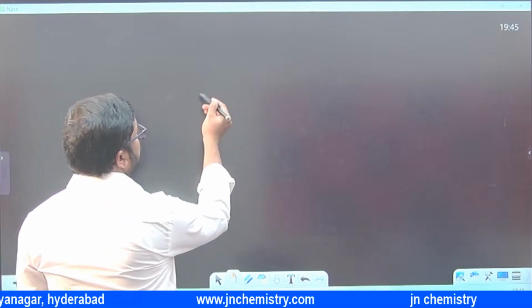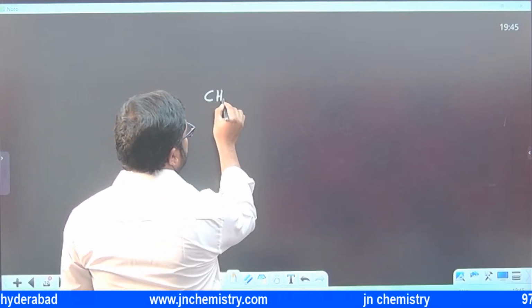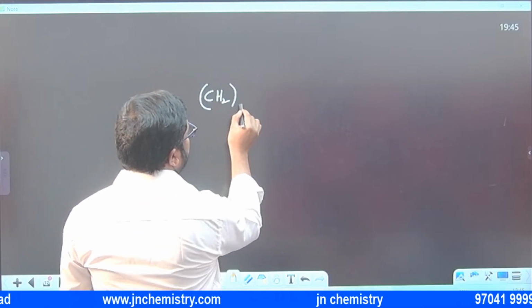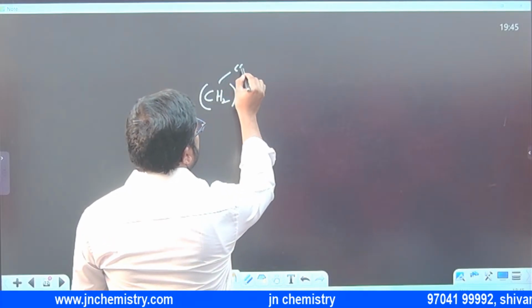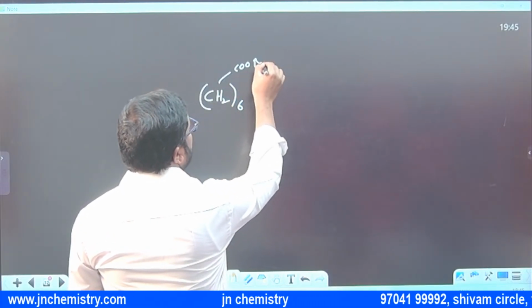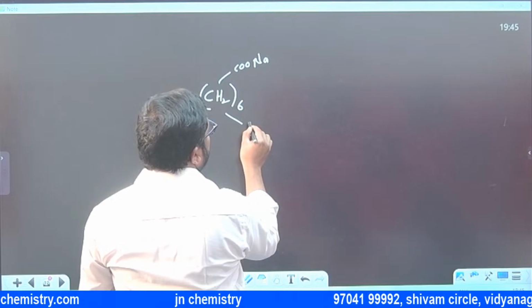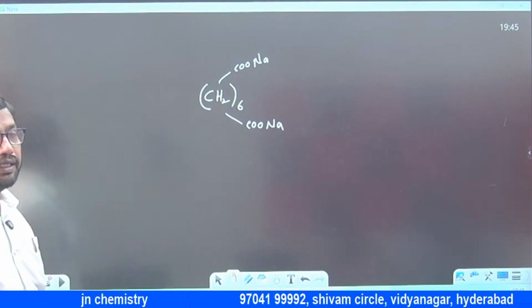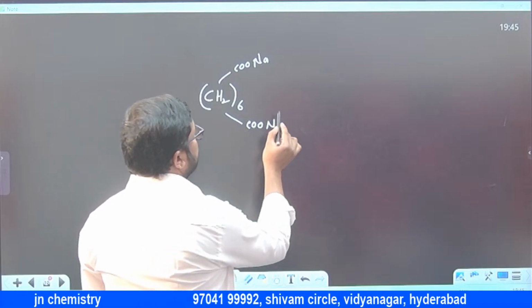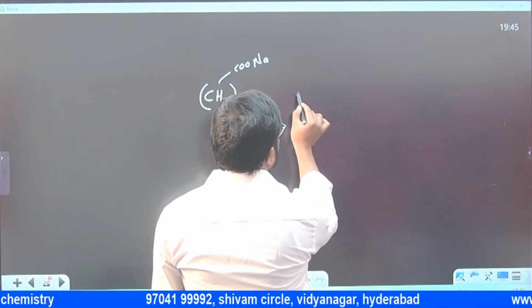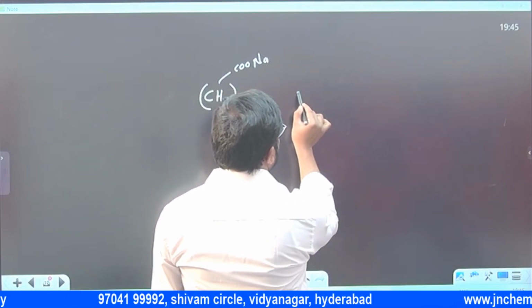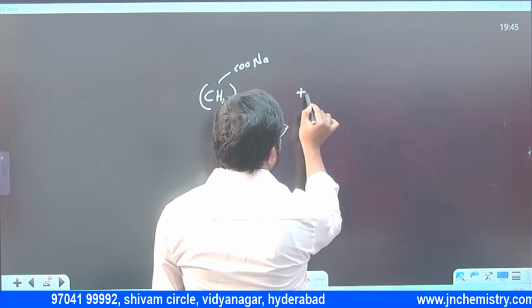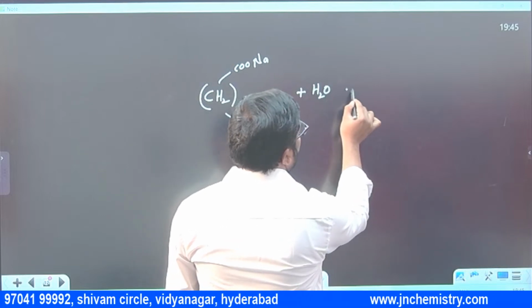So for example, the reaction is like this: CH2 taken 6 times, COONa, COONa. In this case, what exactly happens?